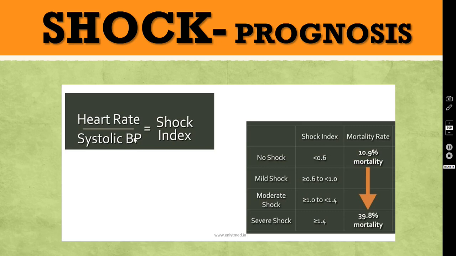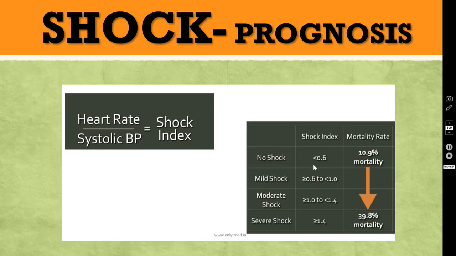Normally this should be less than 0.6. If it is less than 0.6, that means your patient is not in shock. Even then, the mortality is 10.9%. The patient is not in shock, but is having some problem, and that is why this mortality.